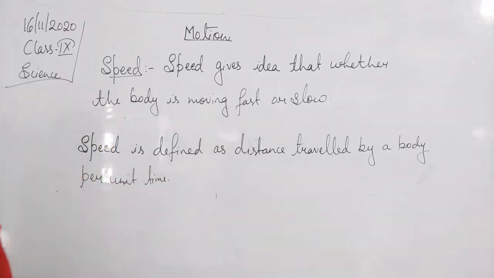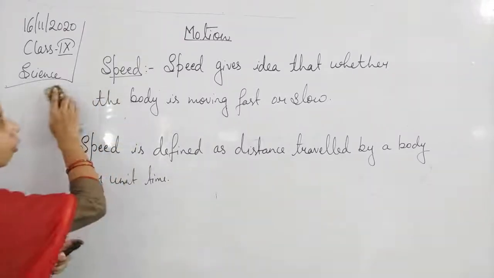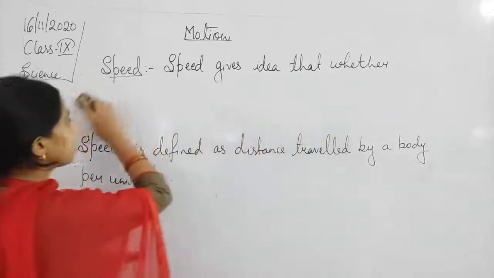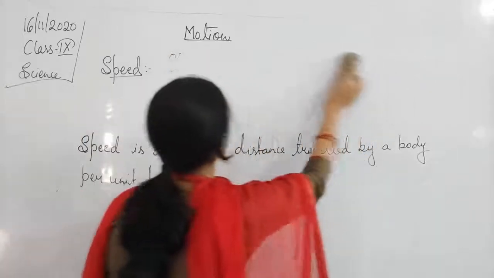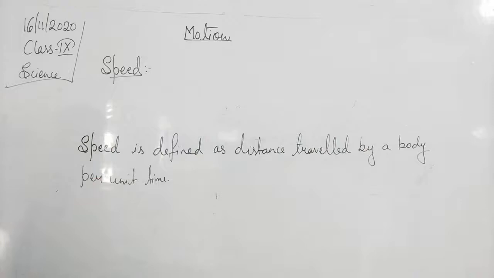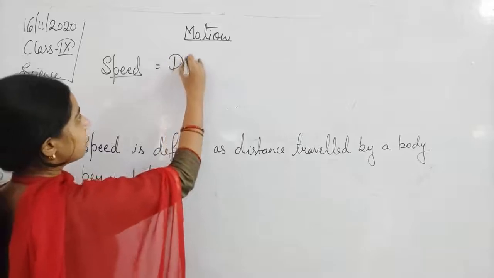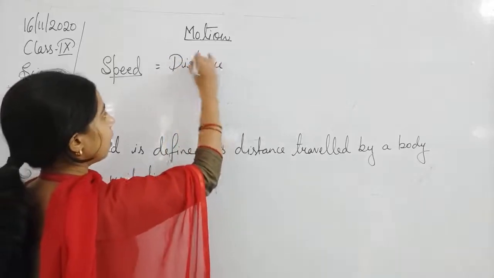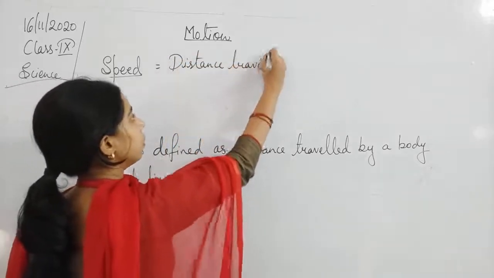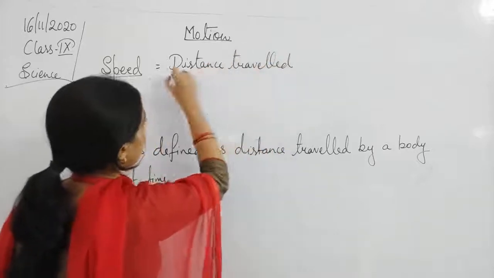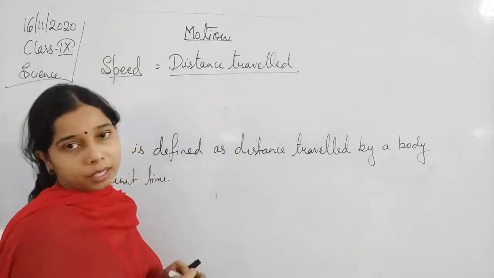Now, on that basis, students, we can give the formula of the speed also. We are saying distance traveled per unit time. So we can write it as speed is equal to distance traveled upon time taken.